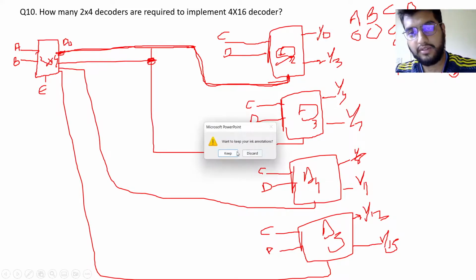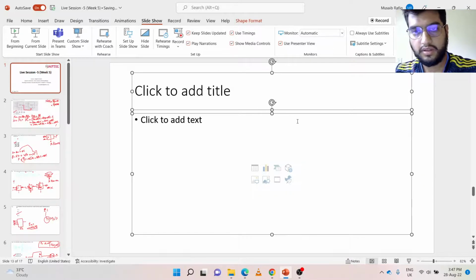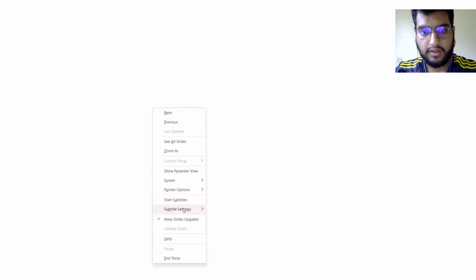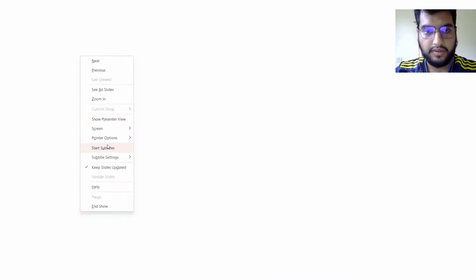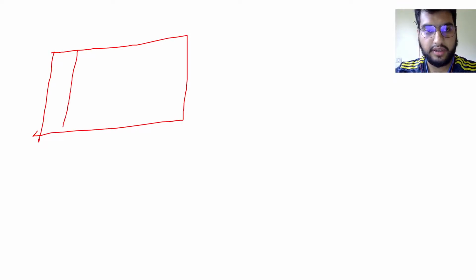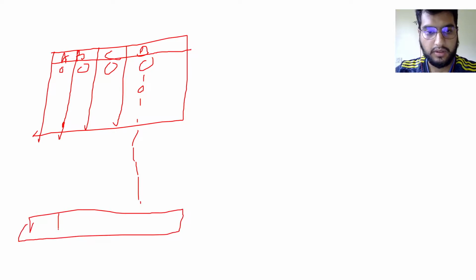So ultimately, for four input combinations A, B, C, D, considering enable is one, we will have 16 cases: 0 0 0 0, 0 0 0 1, and so on up to 1 1 1 1.